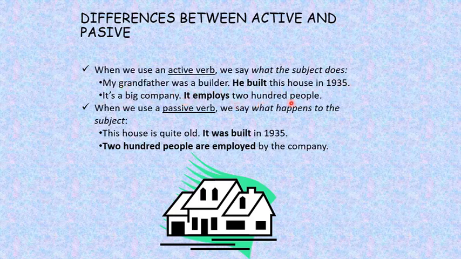It employs 200 people. When we use a passive verb, we say what happens to the subject. The house is quite old. It was built in 1935. 200 people are employed by the company. So the major focus is on the action, then the doer.